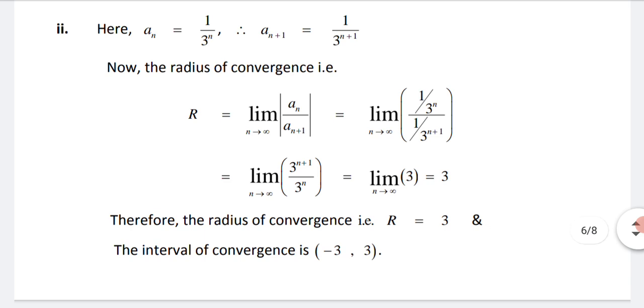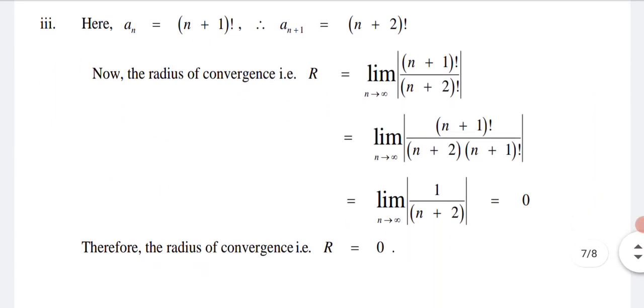Now 3 to the power n cancels, leaving the limit of 3 as n tends to infinity. 3 is independent of n, so that limit is equal to 3. Therefore, the radius of convergence, that is r, equals 3, and the interval of convergence is minus 3 to plus 3.